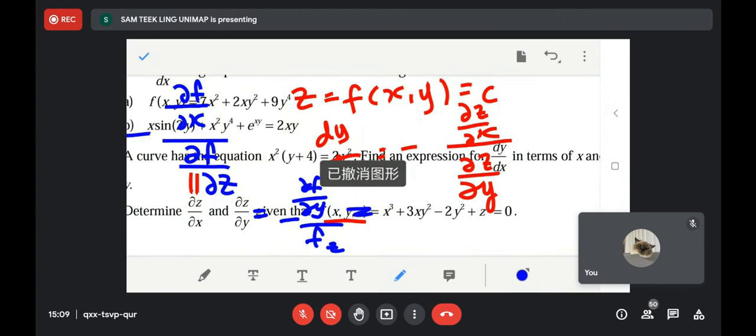So you can write negative: differentiate f with respect to y, differentiate f with respect to z.